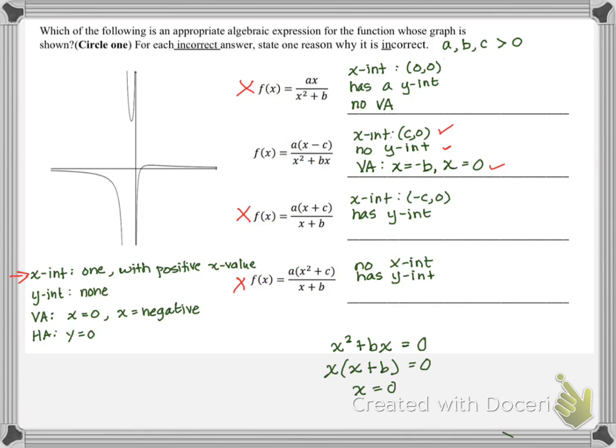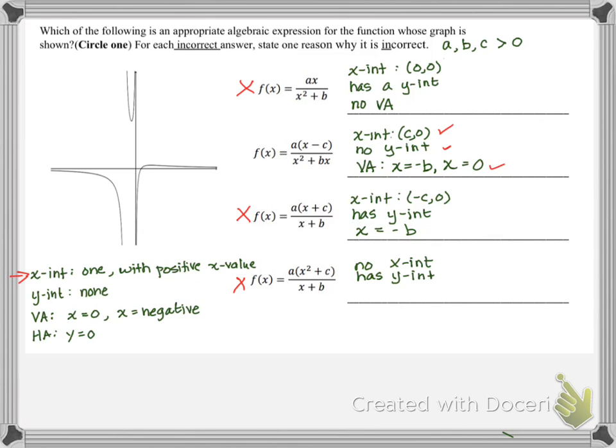What about the third one? What's my vertical asymptote? X equals b. Good. So x equals negative b, yes. So this is one where we're like, oh, it has a negative vertical asymptote, and so does my graph. But why is that one not correct? 0 is not negative b.